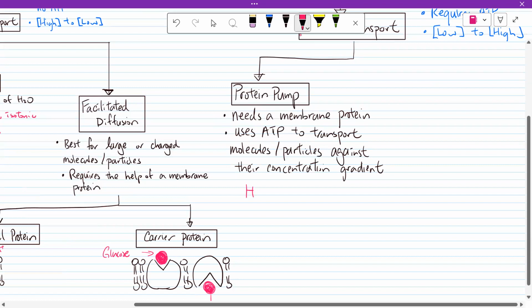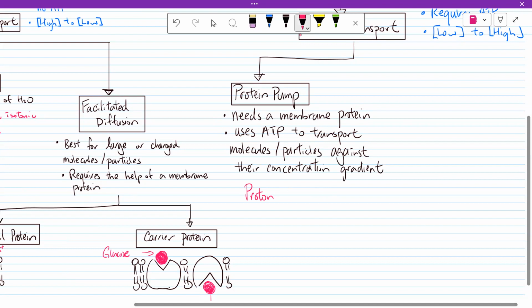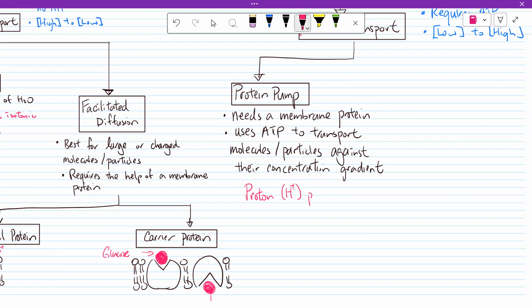One of them is a proton pump. All the examples are in red. Proton pumps are H plus pumps in the stomach, right? That's what makes the stomach acidic.